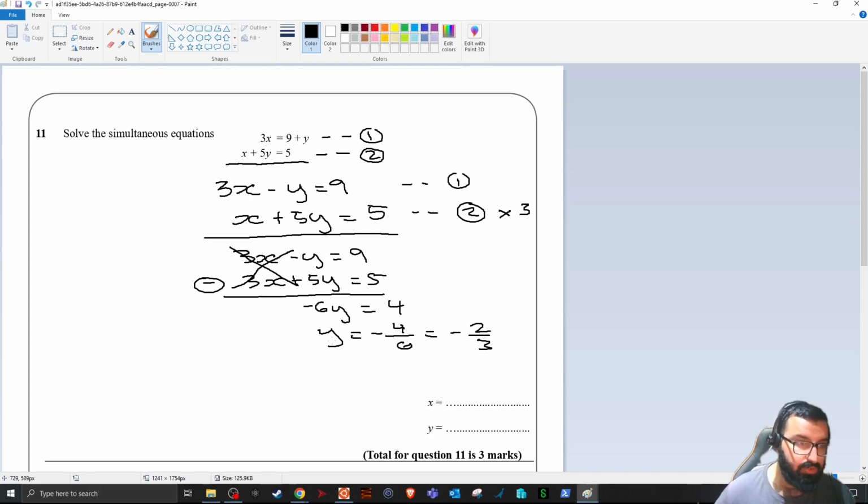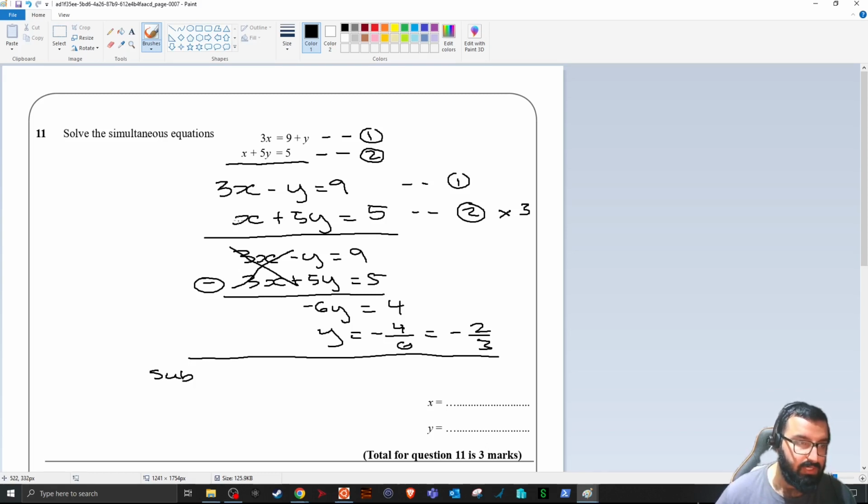So, as usual, I'm going to substitute the value of y into either equation in order to solve for x. So obviously we can have a look at what's going on here, since this is the rearranged equation.